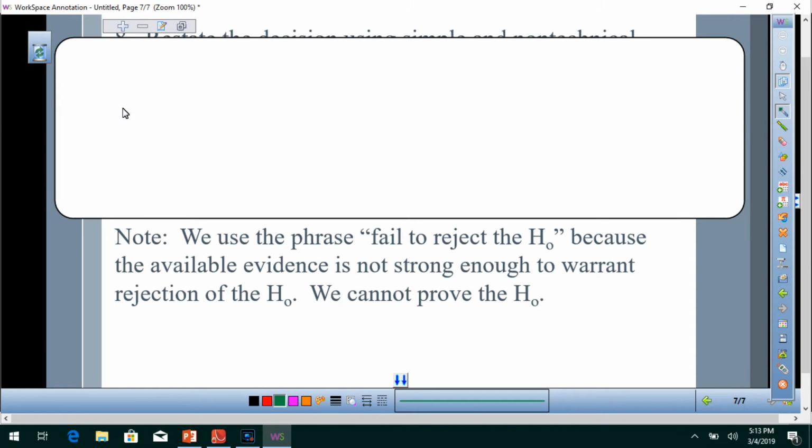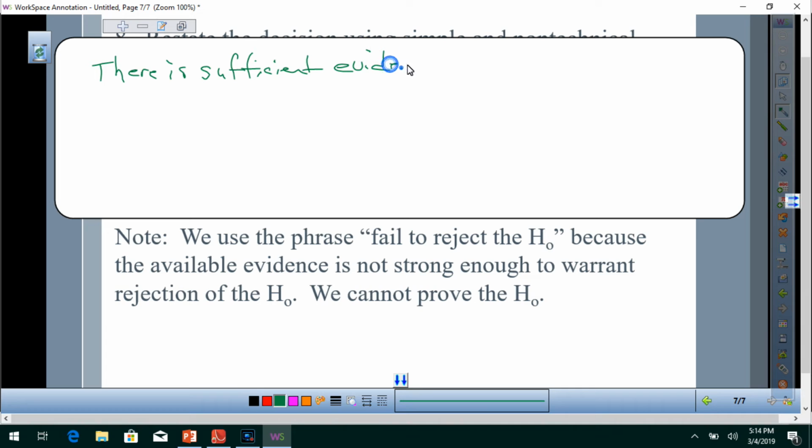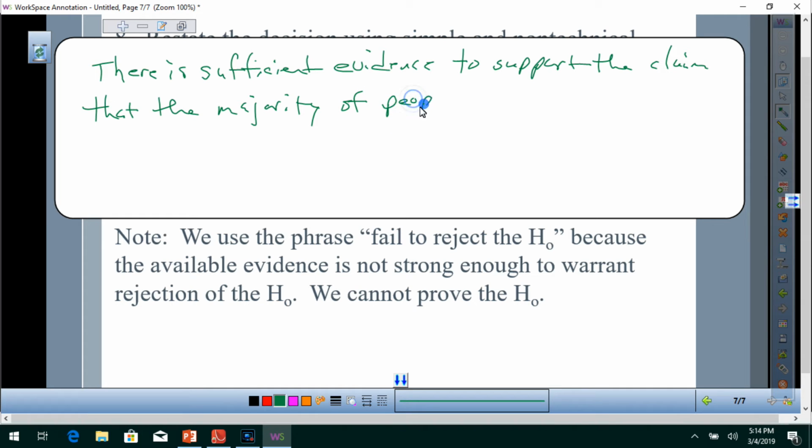We're going to say there is sufficient evidence to support the claim that the majority of people, or majority of consumers, are uncomfortable with drone deliveries.